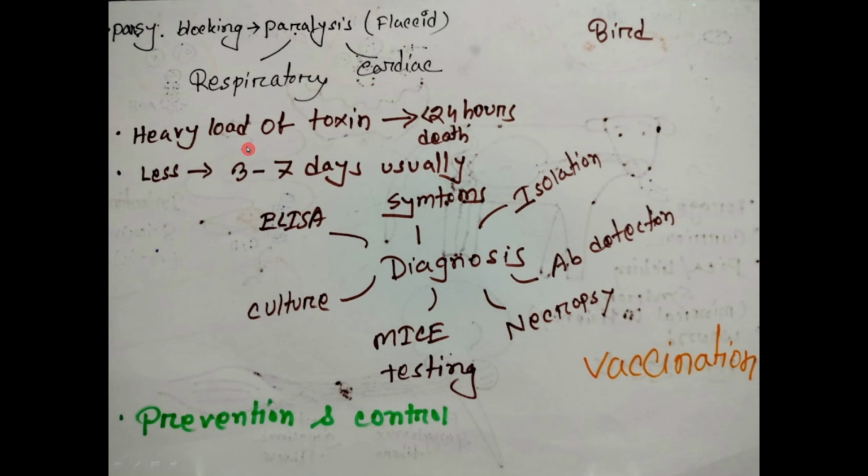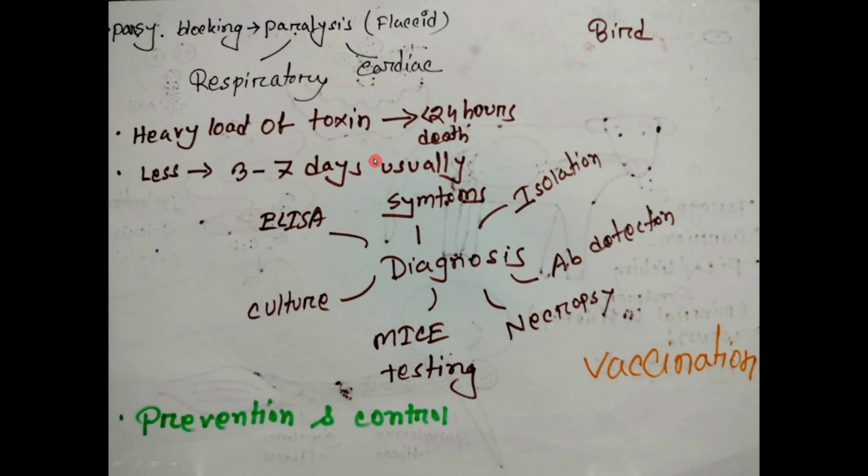In the animals, the symptoms will be observed within 3 to 7 days. Usually, the animal will not try to eat because of the paralysis, and even drinking becomes impossible for this animal.